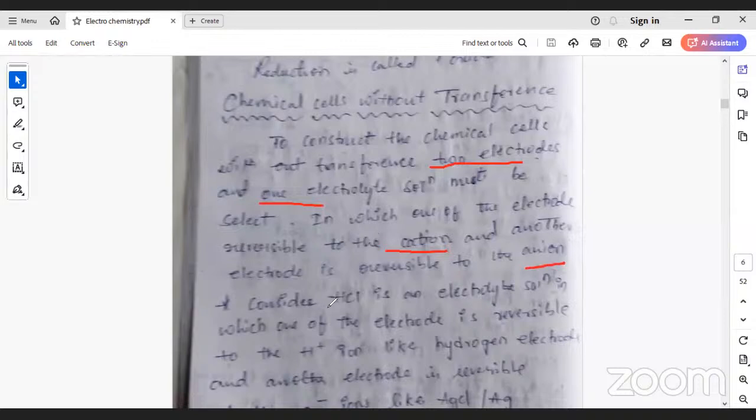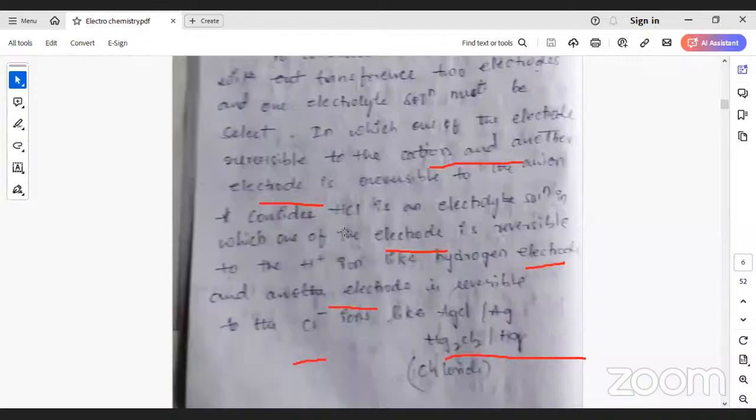So consider HCl as an example of an electrolyte solution in which one electrode is reversible to the H plus ions, that is the hydrogen electrode. The other will be reversible to the Cl minus ions, that is the chloride electrode.